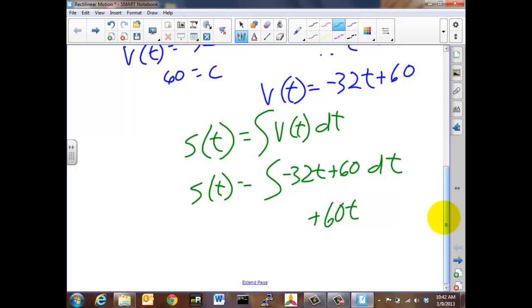Remember, we've got a 1 here, so it's going to be t squared over 2, and still got a negative 32 out there, which will clean up to be negative 16t squared plus 60t.